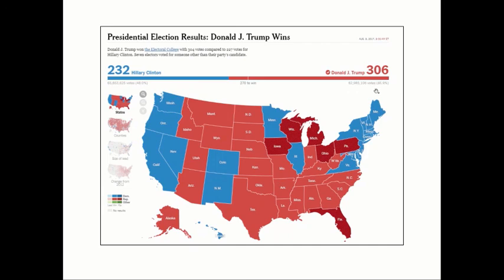So that gave him a slight edge in the Electoral College, and he won the Electoral College vote. So when you're trying to predict who's going to win a presidential election, be very careful, because just because it looks like a candidate is ahead in the polls nationally does not mean they're going to win the presidential election.